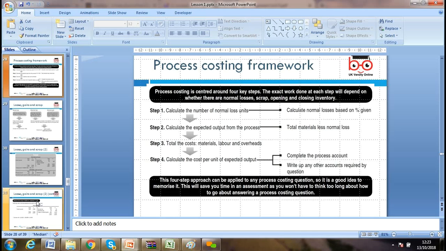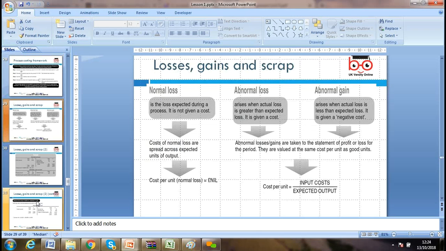Step one, calculate the normal loss in units. Step two, calculate the expected output. Step three, calculate the total cost: material, labor, overhead. Step four, calculate the cost per unit of expected output of each process, and that's called process costing, which is quite widely used in the manufacturing industry.